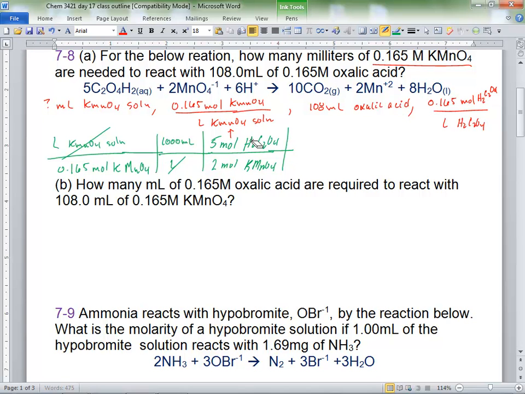Oh, jeez, it's not even canceling, is it? Shoot. Thank you very much. I don't know why they put those acidic hydrogens on the end, but that's how they did it.